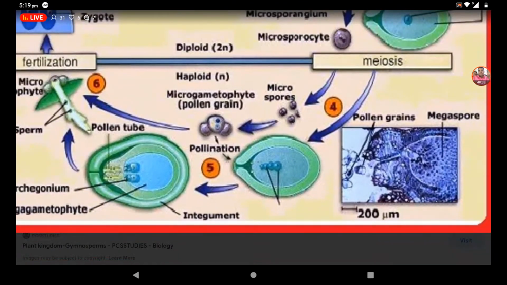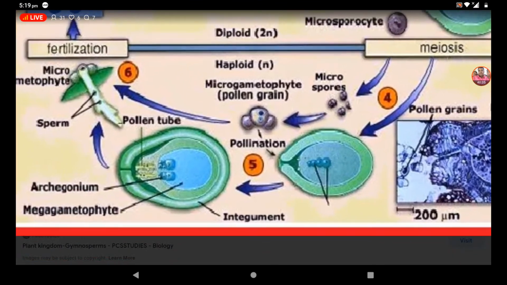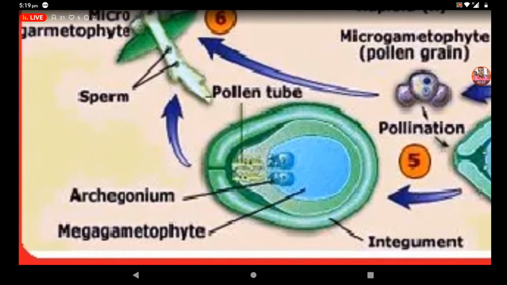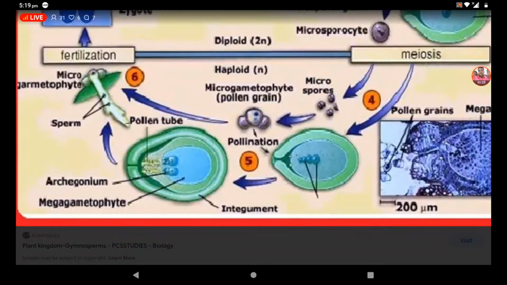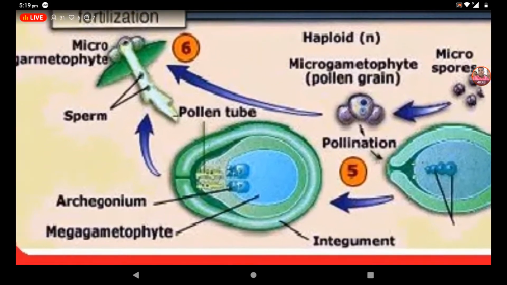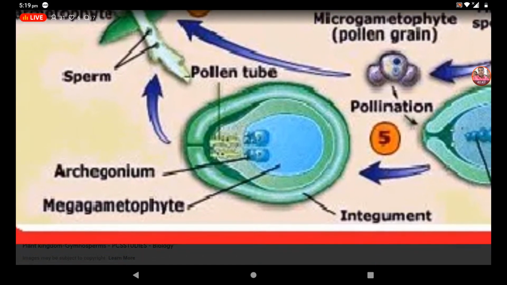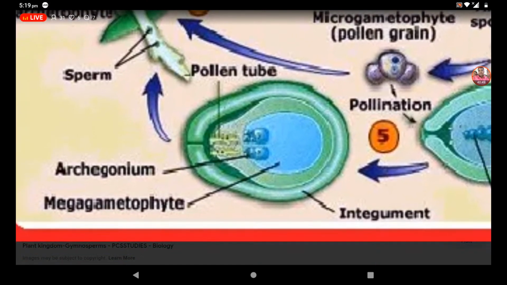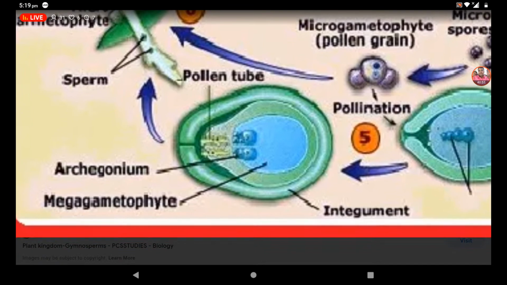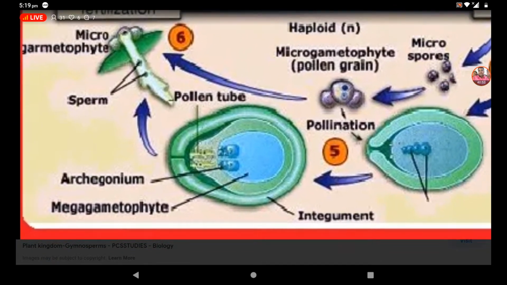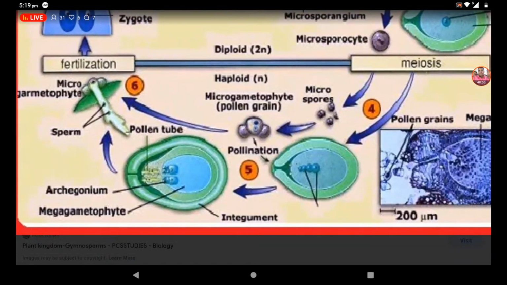That will become the female gametophyte, which is called the megagametophyte, also called endosperm. From now onwards we find a totally haploid condition. In the megagametophyte, that means the endosperm, a few cells become the archegonia. A minimum of 2 and up to many archegonia are formed.